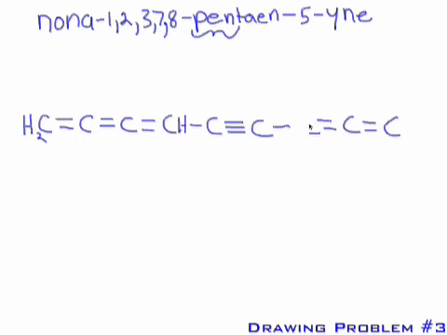Okay, this carbon has 3 bonds, so it can use an H. This carbon has 4 bonds, doesn't need any. This carbon has 2, so it can use 2. And there it is: nona-1,2,3,7,8-pentaen-5-yne. It's not a hard question once you realize that penta referred to the 5 double bonds, and nona was describing the length of the carbon chain.